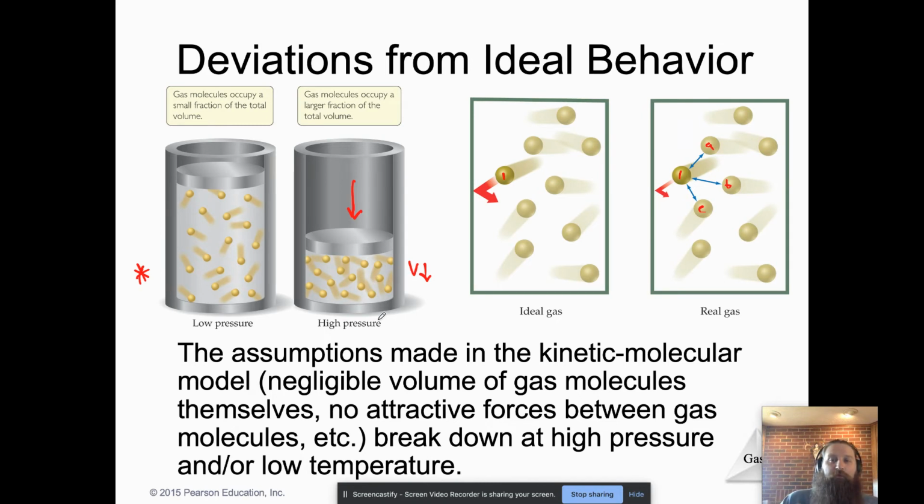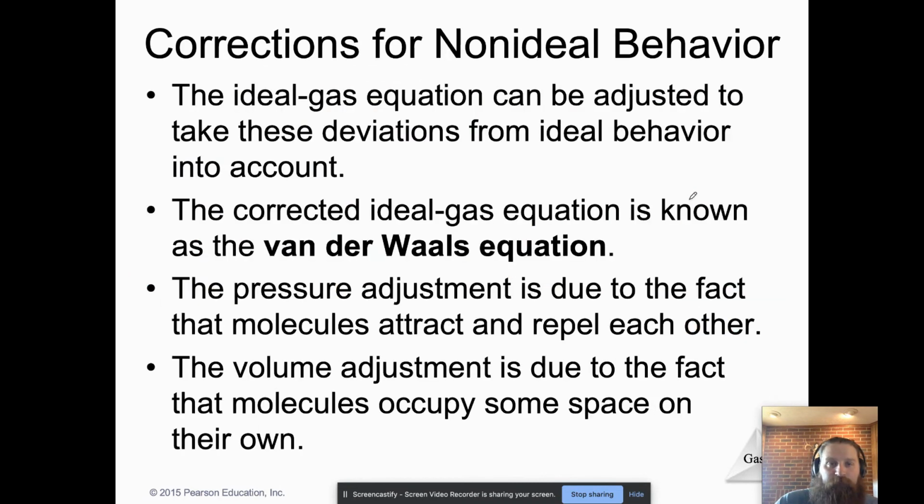And so the predictions that the ideal gas law creates kind of break down at those high pressures or at low temperatures. Because at low temperatures, the lower the temperature, the slower they move. The slower they move, the greater time they have to interact with each other, right? So the greater the magnitude of this little blue arrow right there.